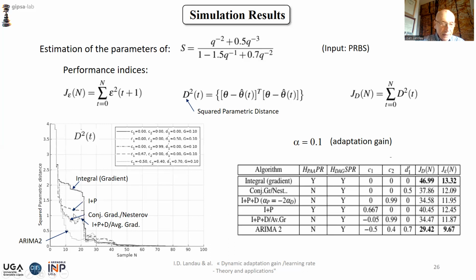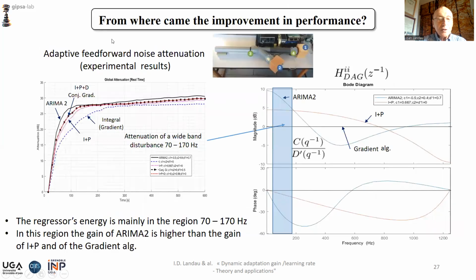However, the other algorithms also provide improvement with respect to the gradient algorithm, even if it's less significant than for the ARIMA2 algorithm. The important question to answer is where the improvement in performance comes from.